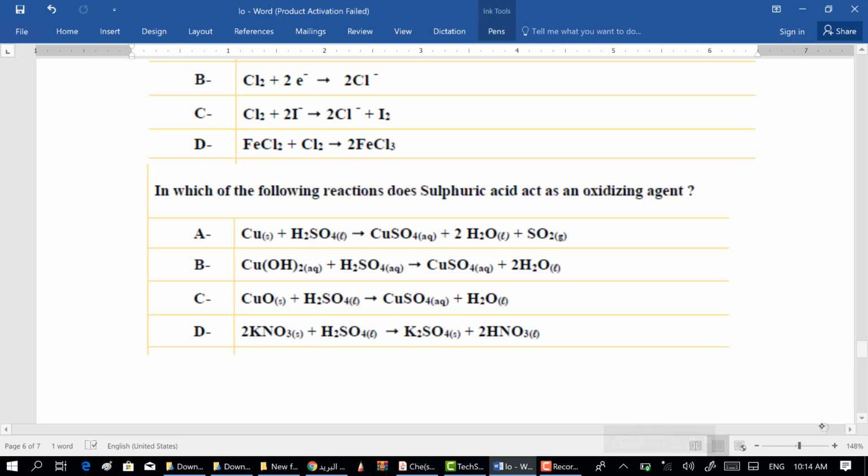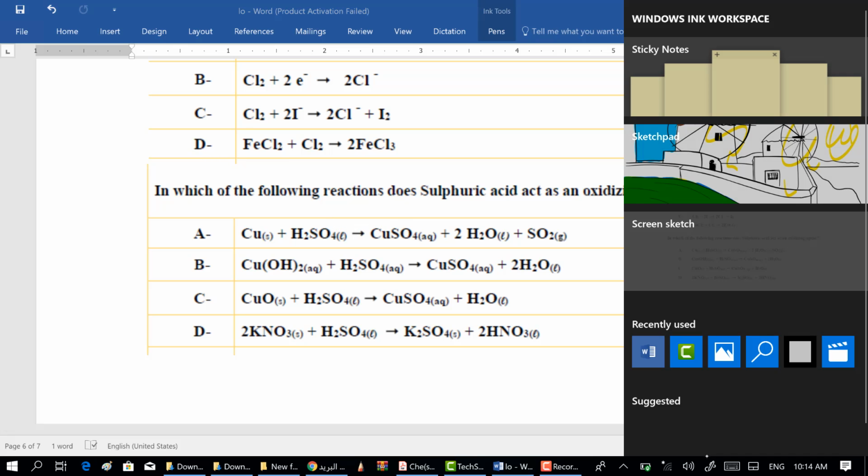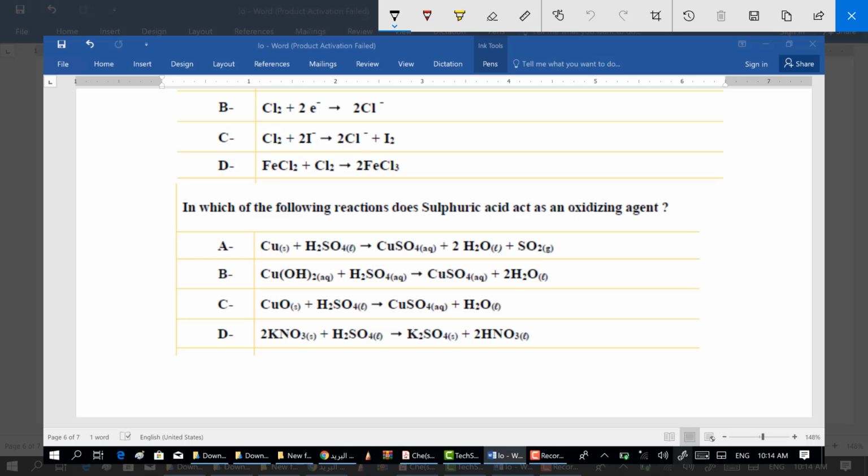According to this, we will find the sulfuric acid does not change, since in each case the charges are the same, -2 in each case. So we'll choose another element, as the oxidizing agent causes oxidation for another element. Which is the element that is oxidized?